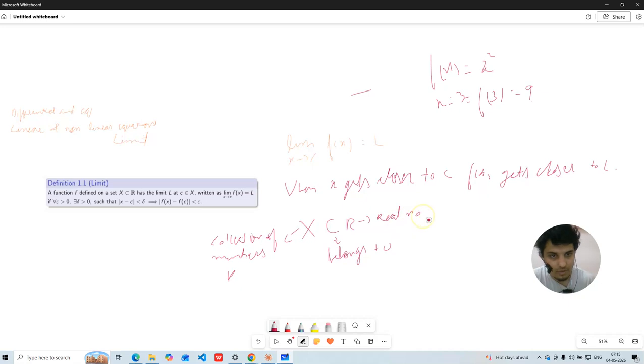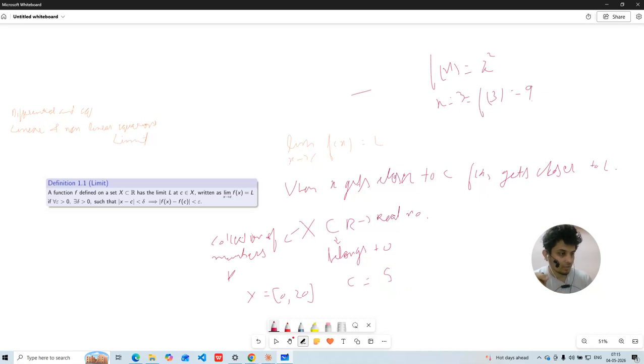So x could be, for example, 0 to 20, both inclusive. Or a point c. Now c is a specific number inside this set. For example, if x belongs to 0 to 10, then c equal to, let's say, 5.